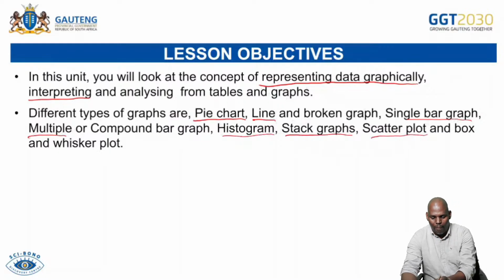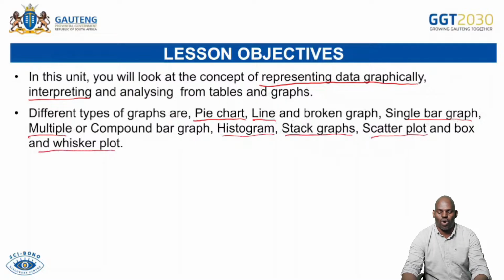And then, of course, the box and whisker plot. With regard to box and whisker plot, you would not be expected to draw the graph, but you would be expected to answer questions based on it.